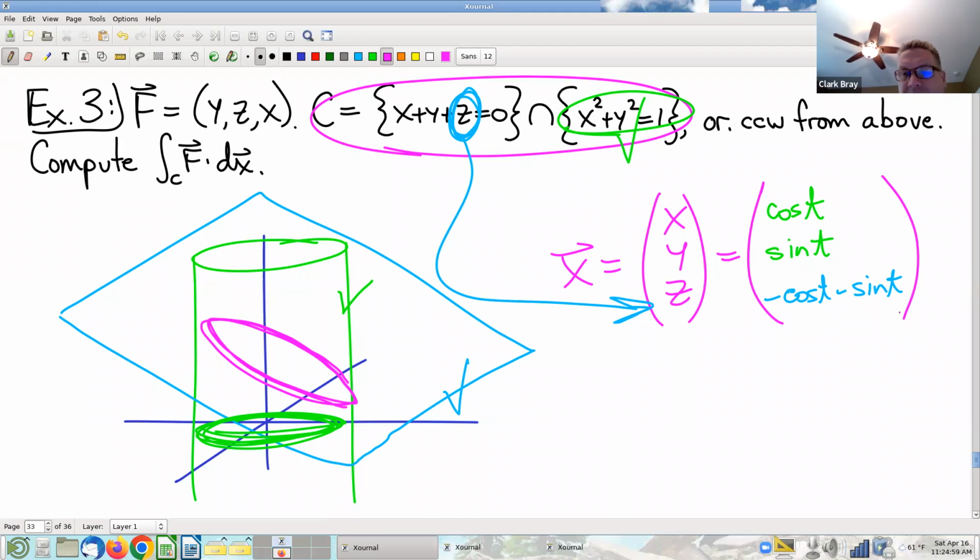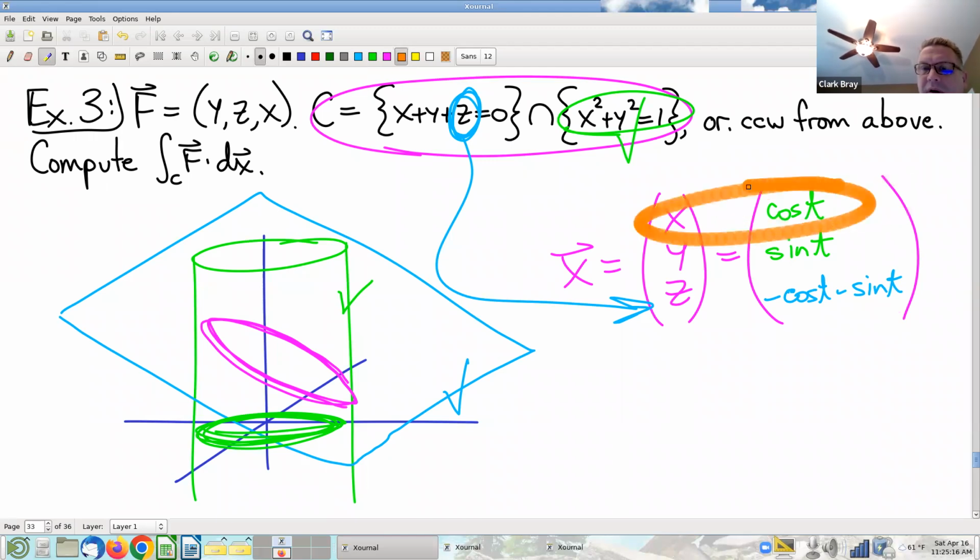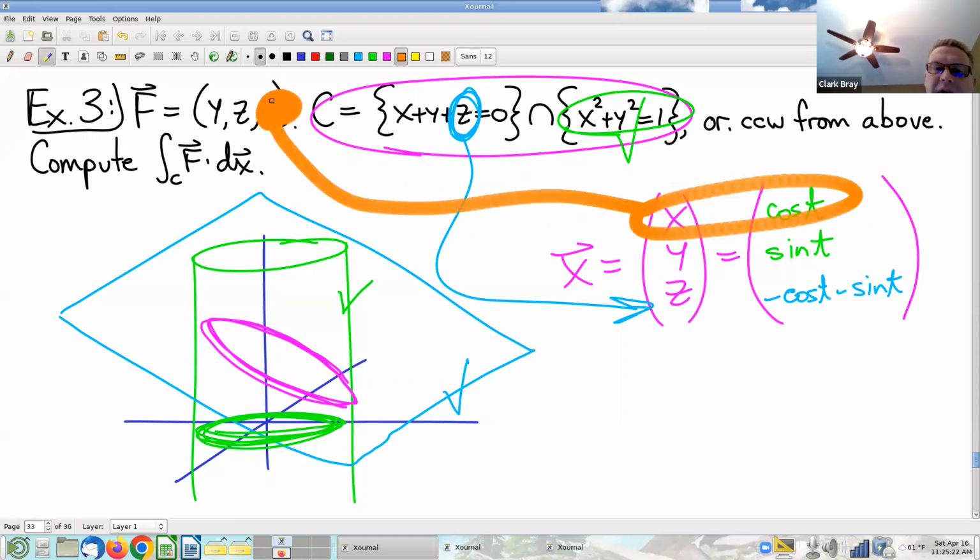I haven't thought about the orientations, but I think that is correct, orientation-wise, and it's not that hard to parameterize. And that means that when you plug in, keep in mind, the x there in the vector field is just cosine t.